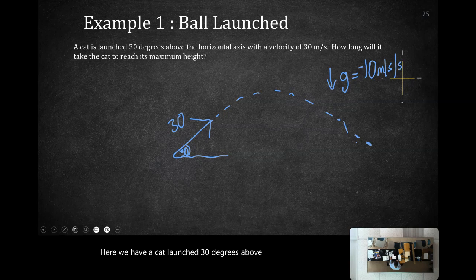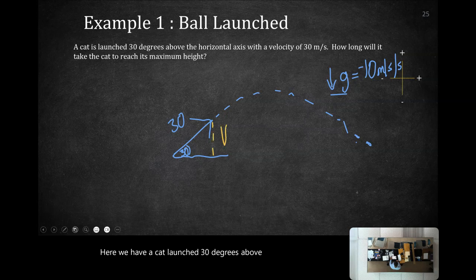Meanwhile, we have this velocity that's launched at an angle. Well, this acceleration in the y direction will not affect your acceleration in the x direction. We treat x and y separately. So we need to figure out what our velocity is in the y direction.